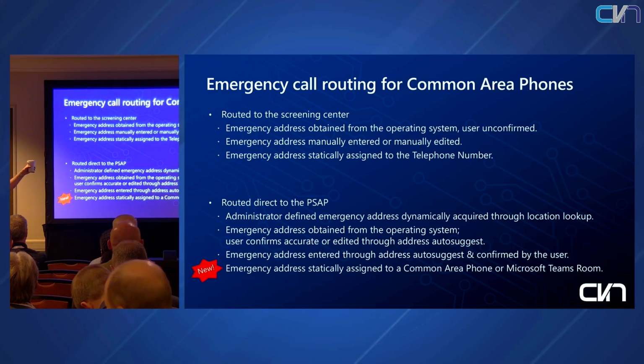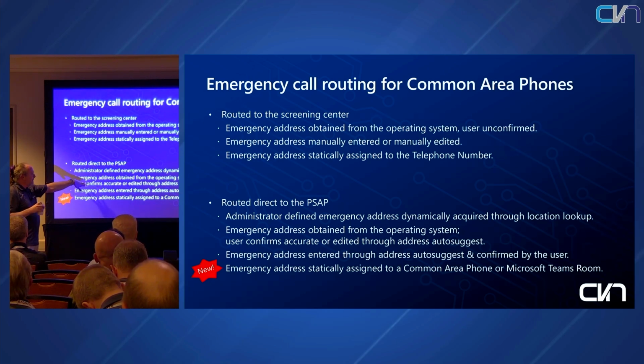If the emergency address comes from the operating system automagically, where we've configured the workstation to have location set up in the back end, but the user doesn't confirm that, we don't trust it, and we're going to send that to the screening center. But in cases where we do trust that location, because the admins defined it, because it's been confirmed as accurate, or it's been edited through the address auto-suggest mechanism, so it's formatted properly, it's confirmed, we'll route that to the PSAP.